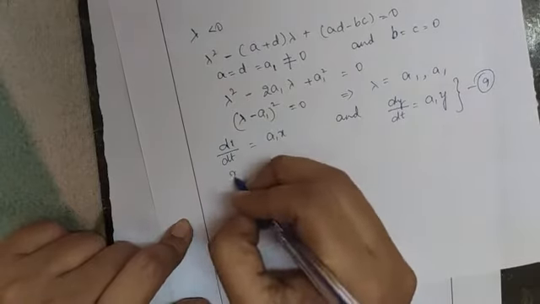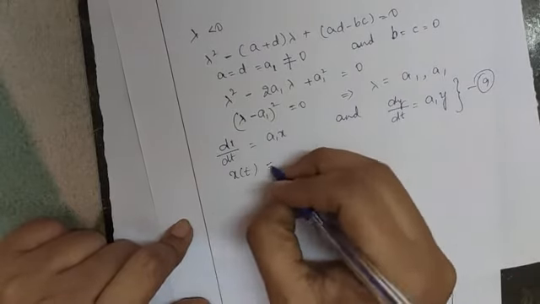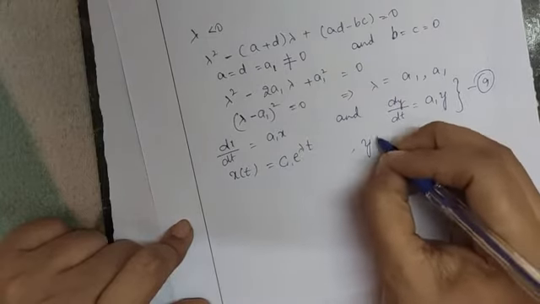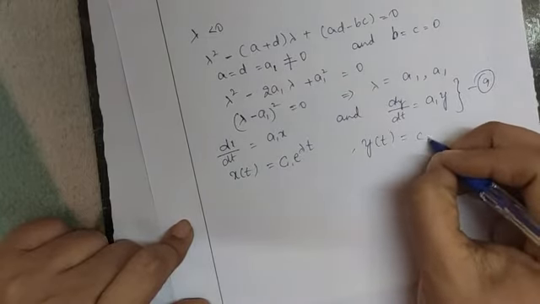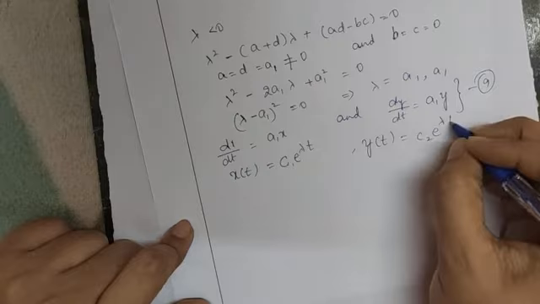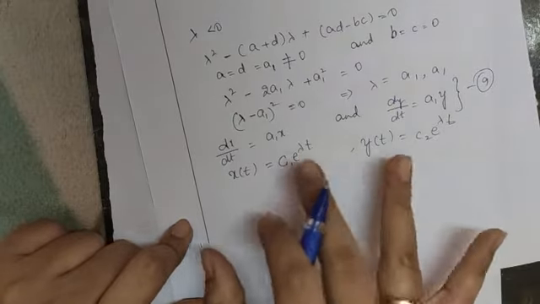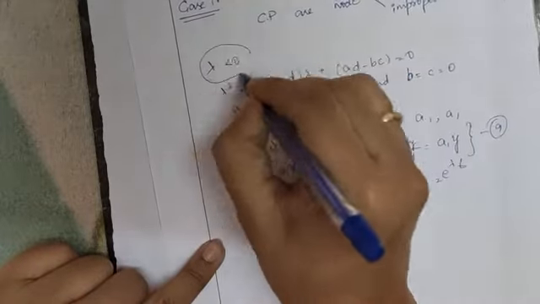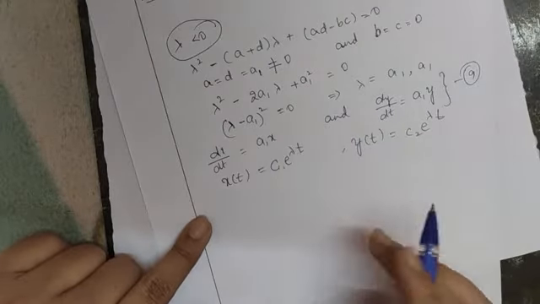So the general solution for this will be given by x of t is equal to c1 e power lambda t, and y of t is equal to c2 e power lambda t. So C1 and C2 are arbitrary constants. We are discussing the case when lambda is less than 0.